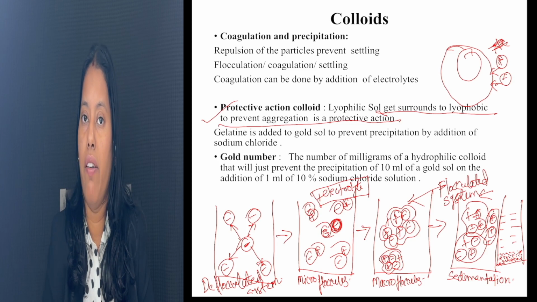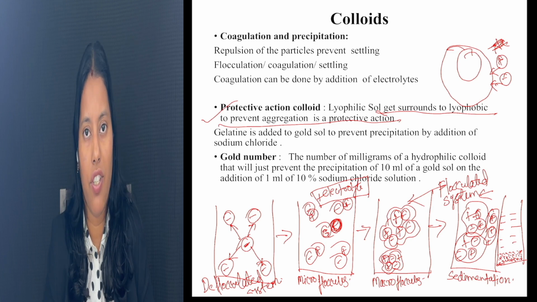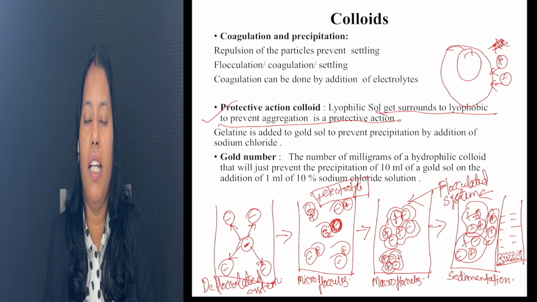So we have seen that lyophilic sols do not carry charges, and because of that they are stable at high concentration of electrolyte addition. But lyophobic sols carry charge, and even a small proportion of electrolyte when added leads to the instability of the system.